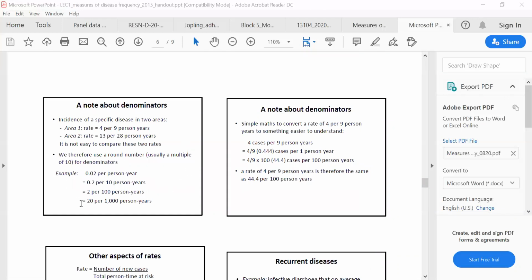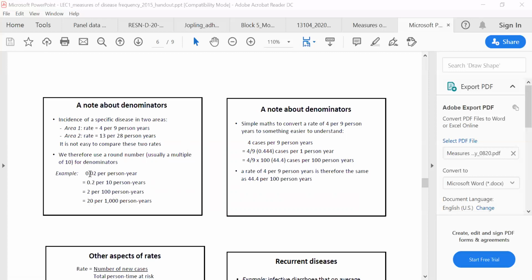The same way I was saying with 0.02 per person years, if you multiply this by 10, it becomes 0.2 per 10 years. If you multiply this one by 100, it becomes 2 per 100 years. If you multiply this by 10 again, it becomes 20.